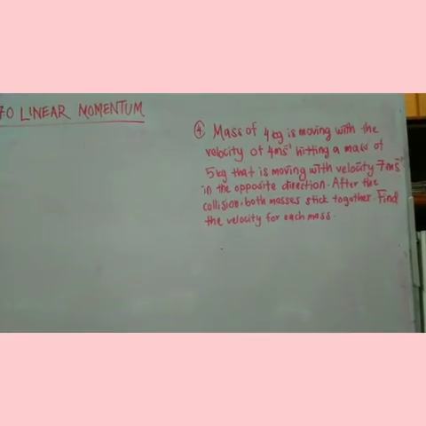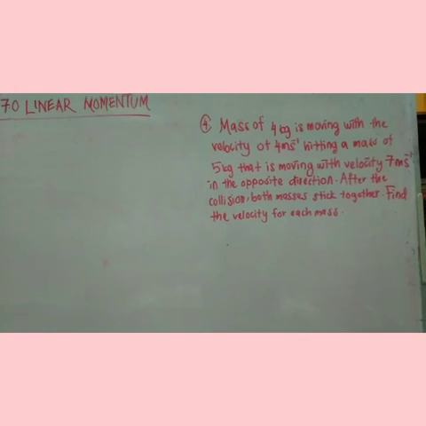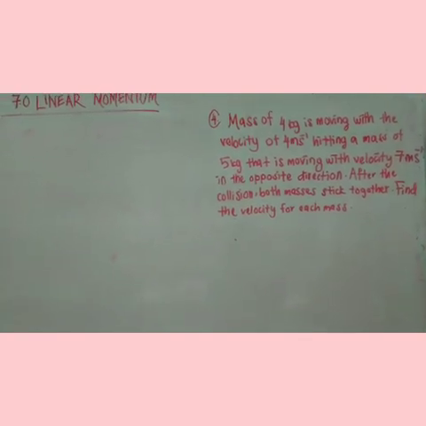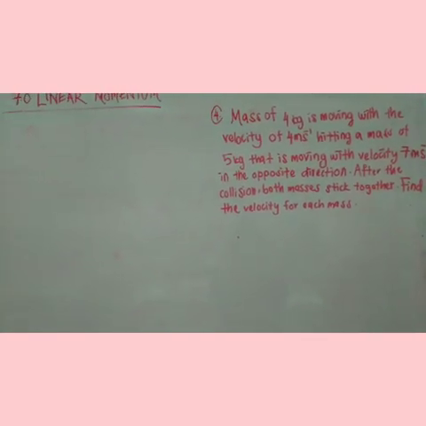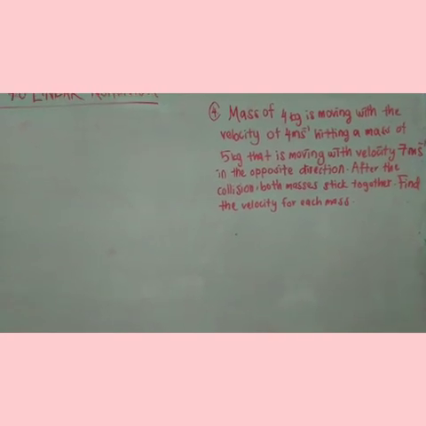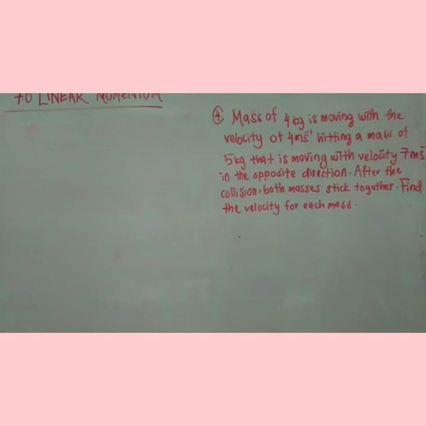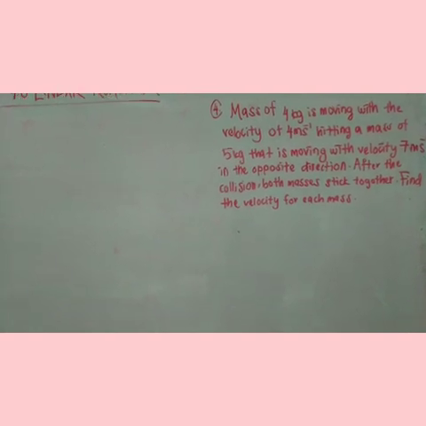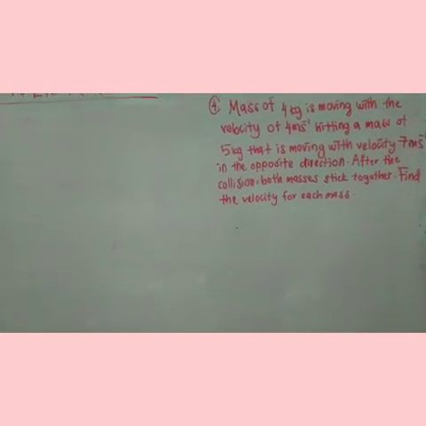The last question is, a mass of 4 kg is moving with a velocity of 4 meter per second, hitting a mass of 5 kg that is moving with the velocity 7 meter per second in the opposite direction. After the collision, both masses stick together. Find the velocity.